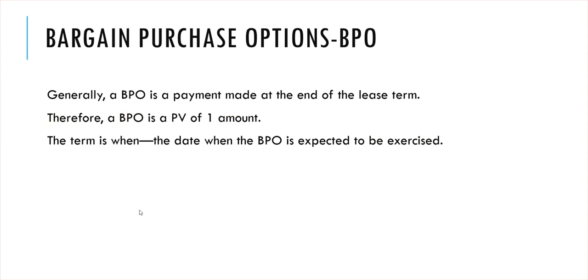Bargain purchase option, you need to do the PV of 1 on those just as you would guaranteed residual value. Now, here's the little trick. I said there was a trick with bargain purchase option. If you have a bargain purchase option, and a bargain purchase option is a purchase option that you expect to be exercised. If it's exercised, then ownership transfers.